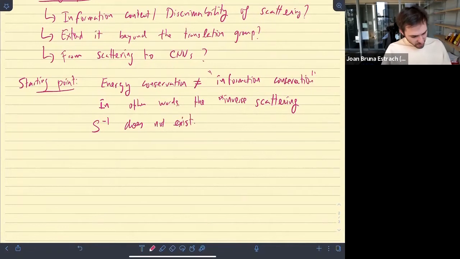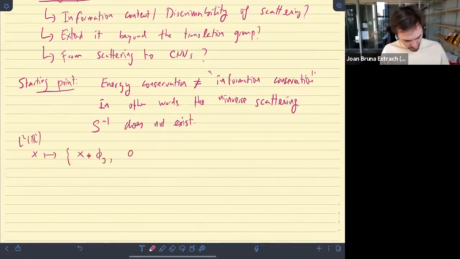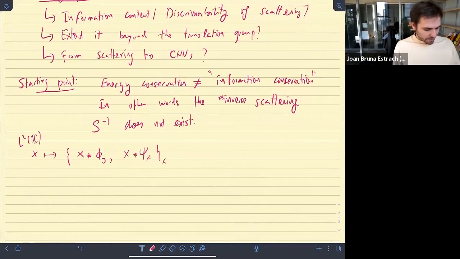As I told you before, just to make sure that people are not completely lost, if I have this mapping that takes any X from L2 and maps it to this family of convolutions, so you first extract the low frequencies with your low-pass filter, and then you compute all the wavelet coefficients, let's call this mapping T.